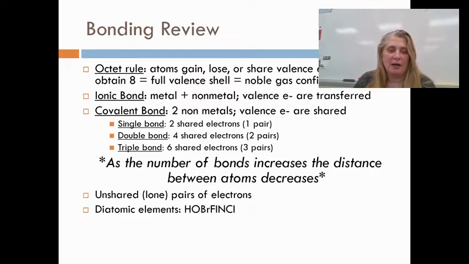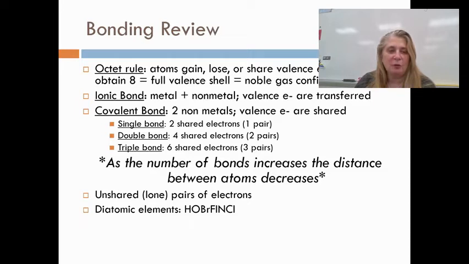We cannot forget our diatomic elements, which is our "Hi 7" elements: hydrogen, oxygen, bromine, fluorine, iodine, nitrogen, and chlorine. So "Brinclhof" molecules, or your Hi 7, will form what's called diatomic molecules, meaning they will be covalently bonded together, the pair of atoms.